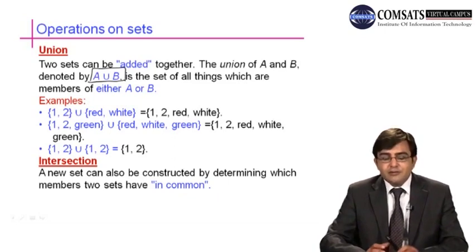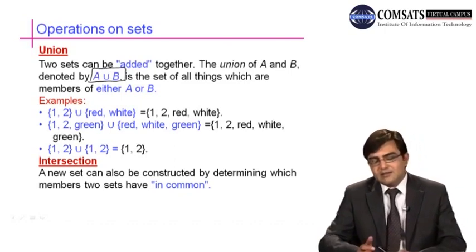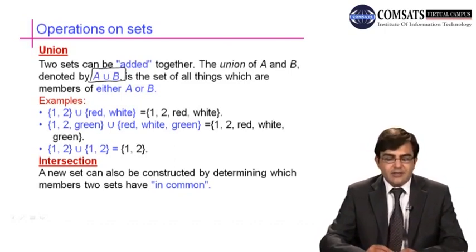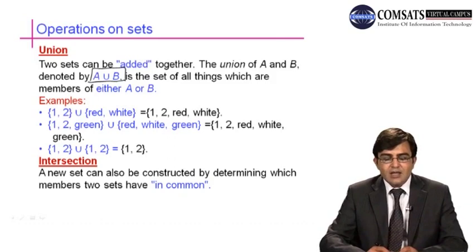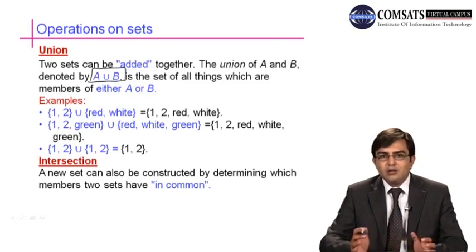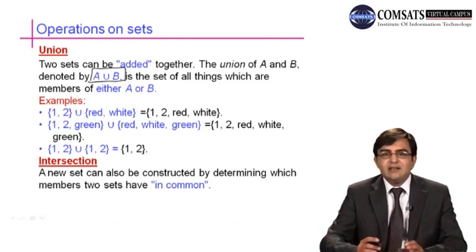The union A union B is a new set whose members are the members of either A or B. It means we add up all the members of A and B, and we avoid the repetition of members of A and B.